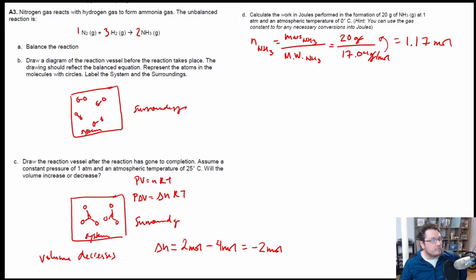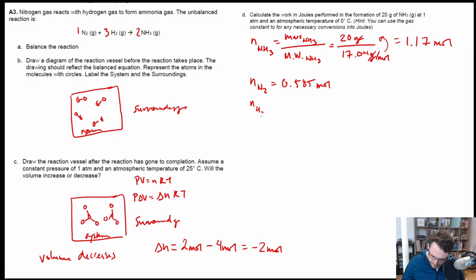So using what we know from the balanced equation, that's how many moles of ammonia we have. Then the number of moles of N2 is going to be half of that, because for every 2 moles of ammonia formed, we have to use 1 mole of N2. So that comes out to 1.17 divided by 2, which is 0.585 moles.